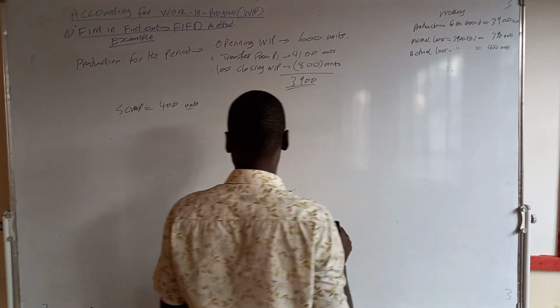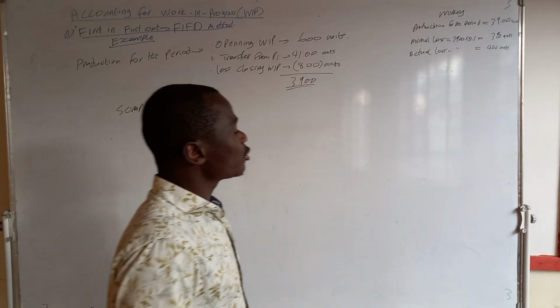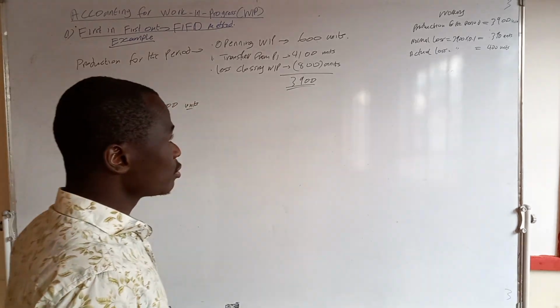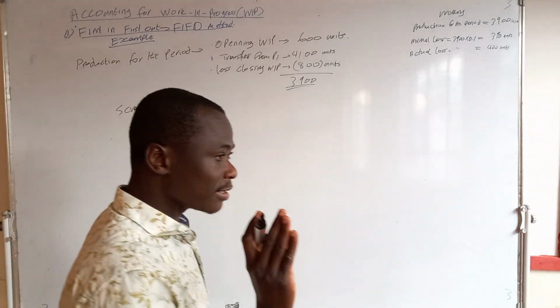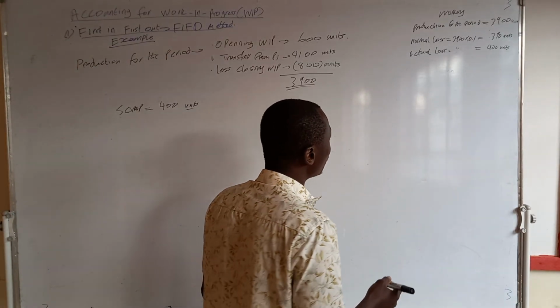Okay? Now, what is abnormal loss? Abnormal loss is when you end up losing more than you expected. So that difference is what we call abnormal loss. So therefore, we can really easily find our abnormal loss.